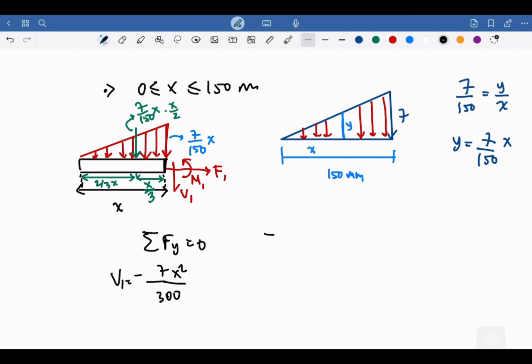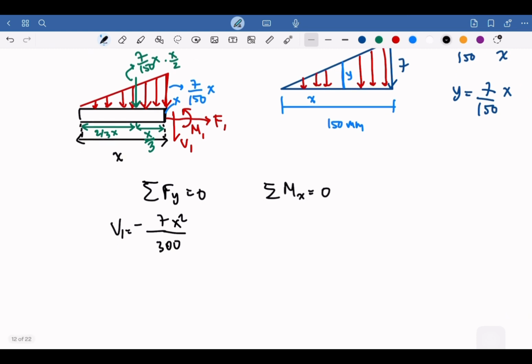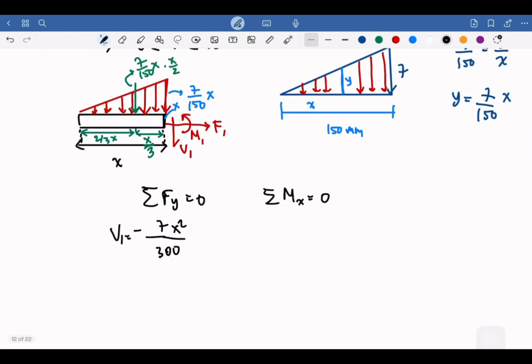And then the same thing with the sigma M. Let's say this is the x, okay? Since that is the x distance, I will take the moment with respect to x, and I will take this as a positive sign.